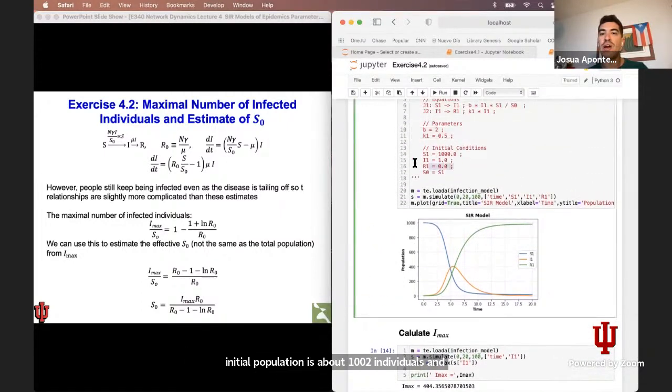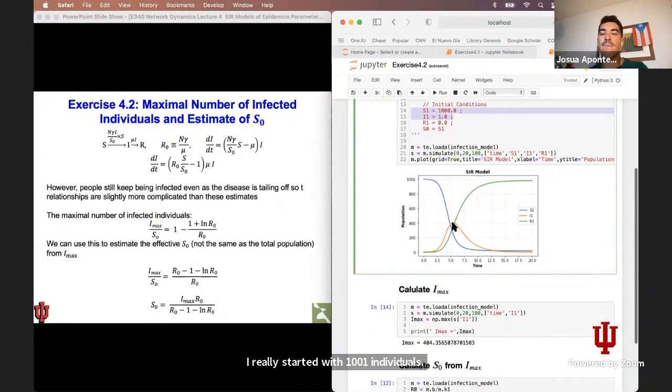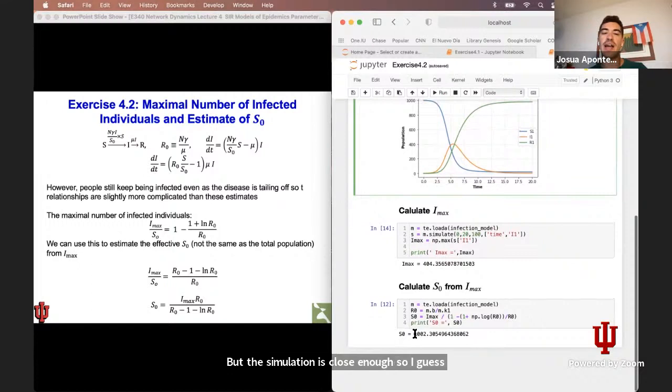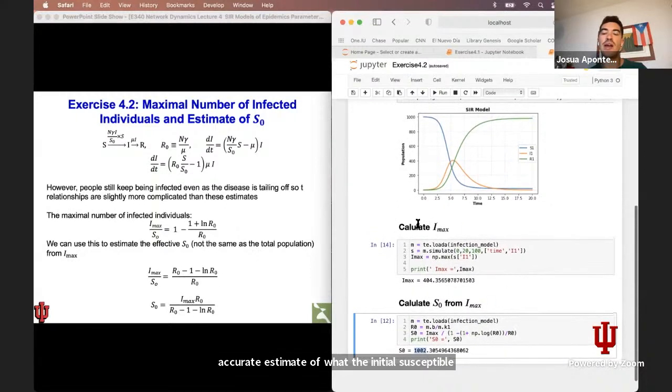And I really started with 1,001 individuals. There might be a little bit of a disagreement because the simulation is not continuous, so I might not be getting the real maximum number in the model, but the simulation is close enough that I get a pretty accurate estimate of the initial susceptible population, which is around 1,000.